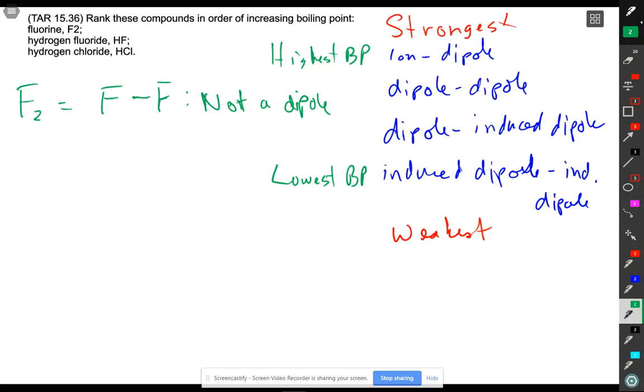So if it's not a dipole, which kind of force can you have between those molecules of fluorine? Only one of these 4 types can you have if it's not a dipole.